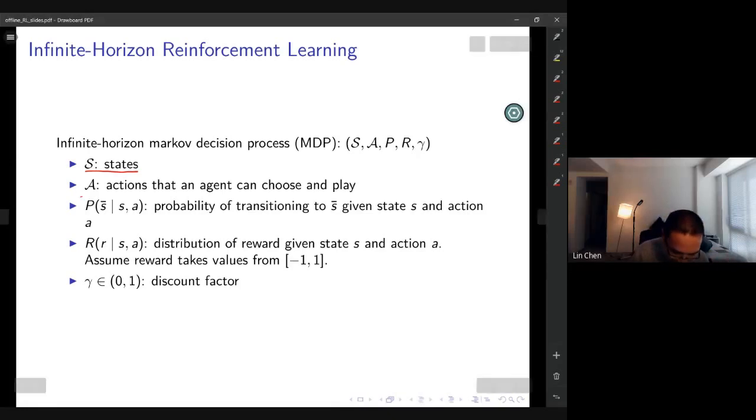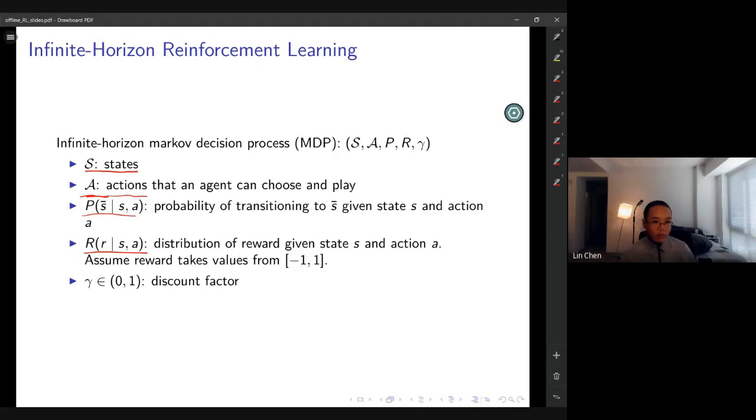A is the set of actions that an agent can choose and play; in the Super Mario game, it is jump, move right, and throw fireball. P is a probability distribution that characterizes the probability of transitioning to a new state S bar, given a state S and action A. And R is another distribution, the distribution of reward given state S if the agent plays action A.